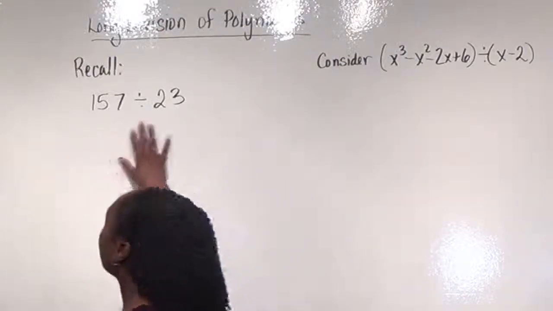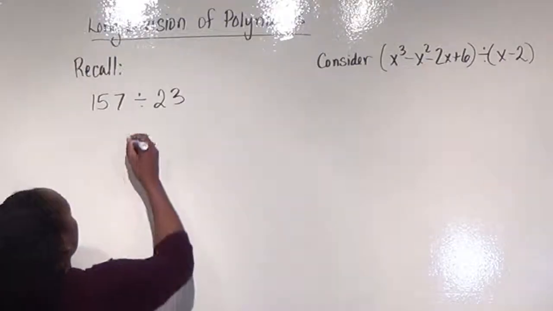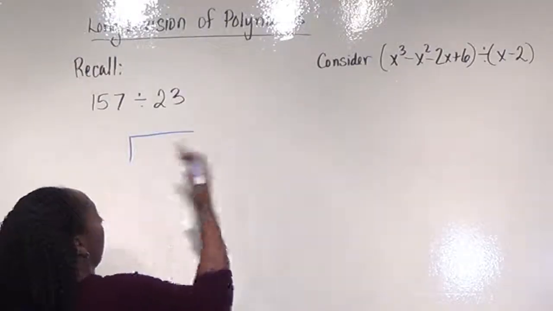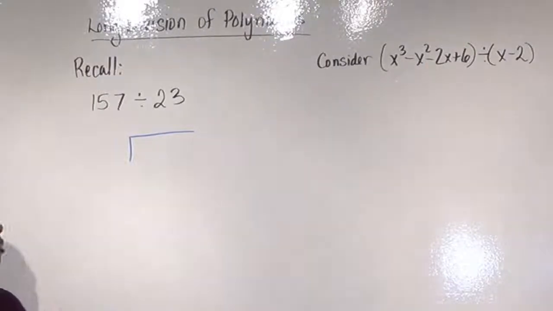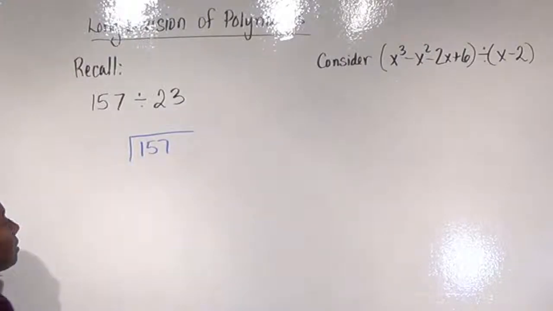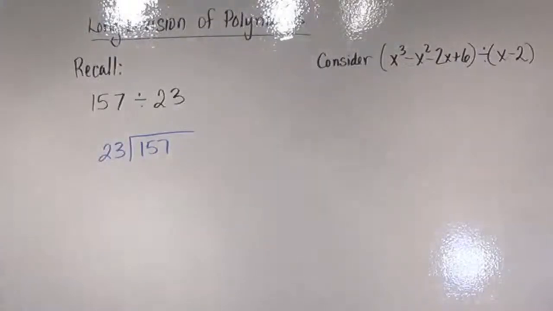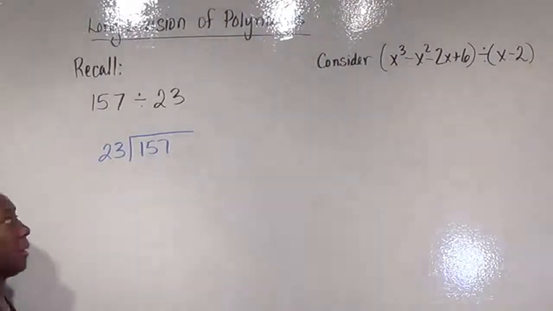If I think of 157 divided by 23, 157 is my dividend, so it's going to go inside my box, and 23 goes on the outside. It's my divisor, what I'm dividing by.